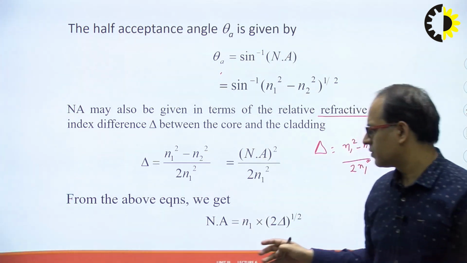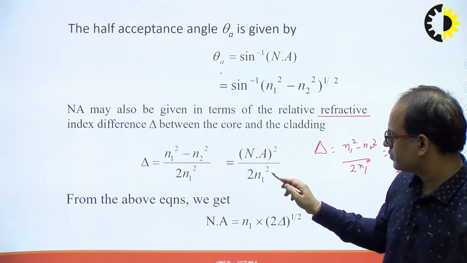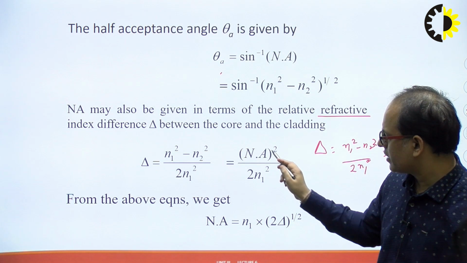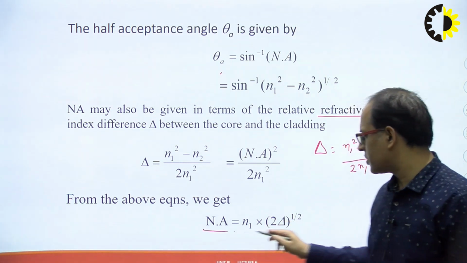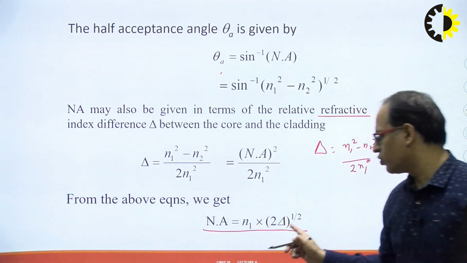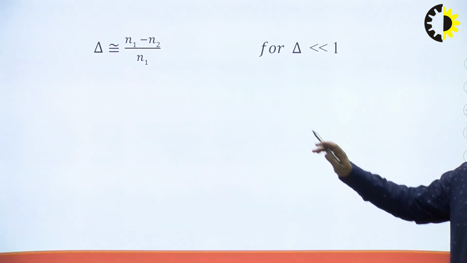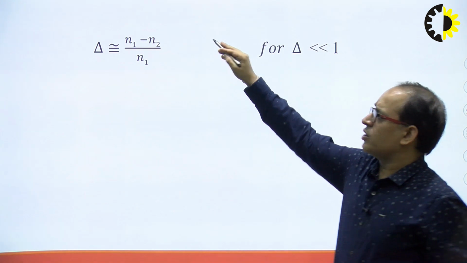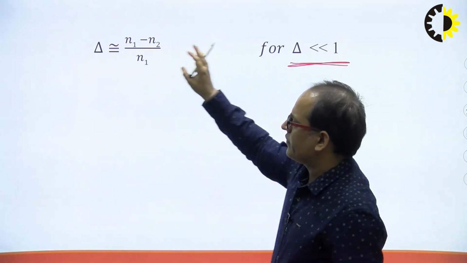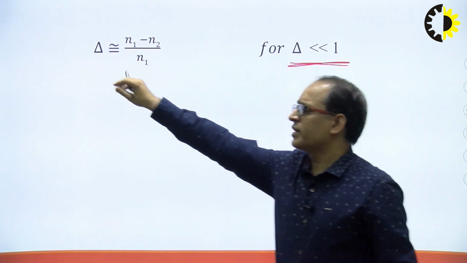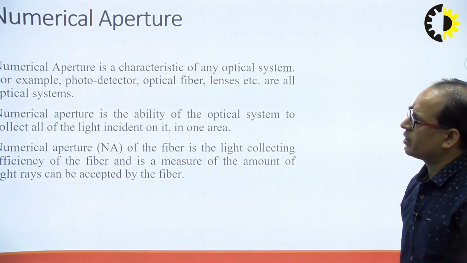On putting this value, numerical aperture becomes equal to n1 into (2 delta) power 1/2. If delta is very much less than 1, then delta can also be written as (n1 minus n2) upon n1.